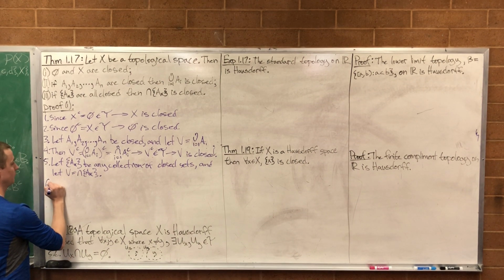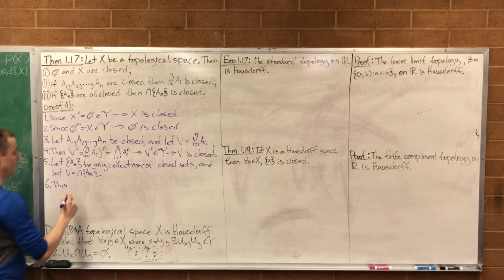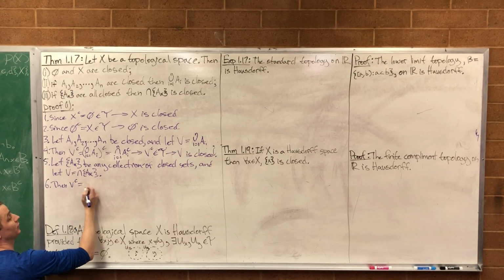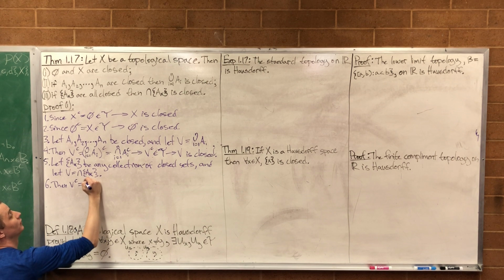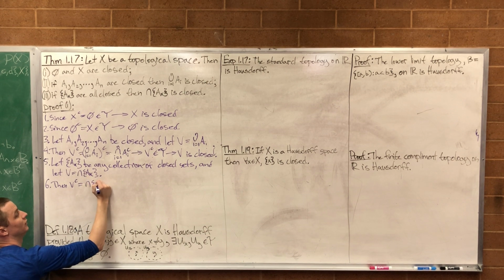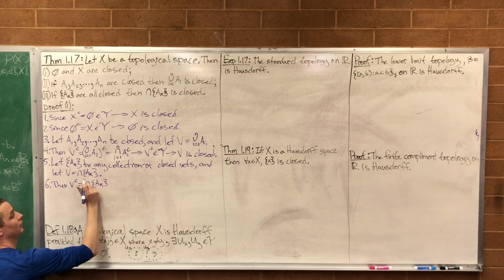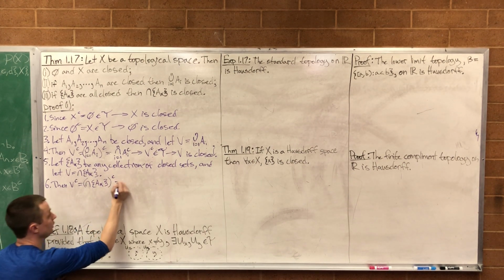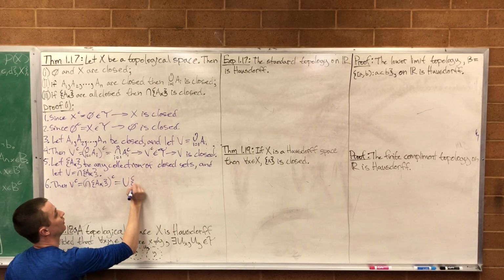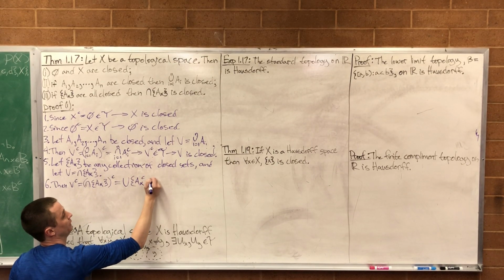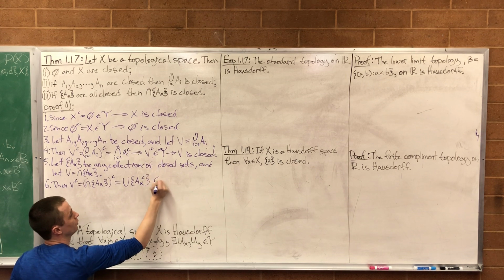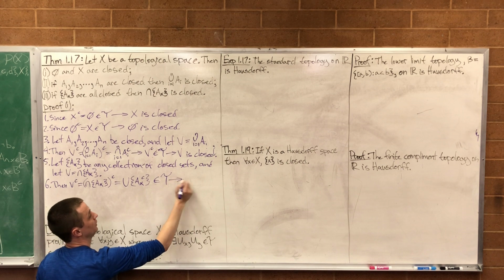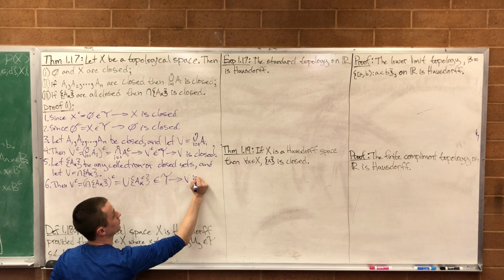Okay, 6. Then V complement is going to equal the complement of the intersection of A sub alpha, whatever that intersection is, which is equal to the union of all the individual complements, which is in tau, which gives me that V is closed.